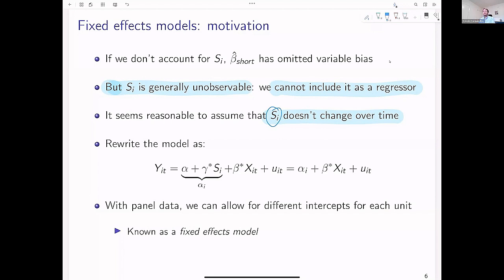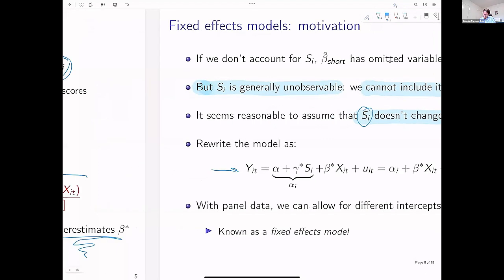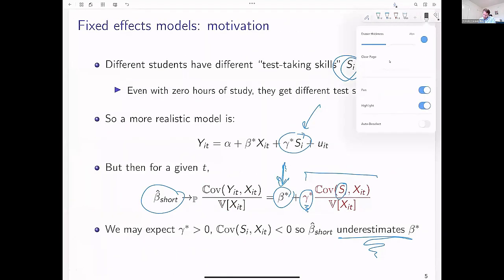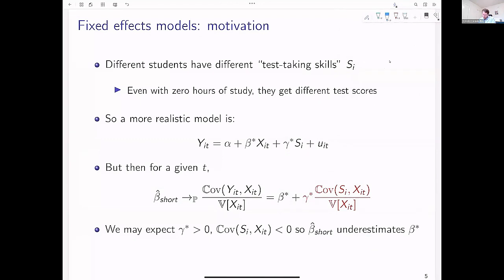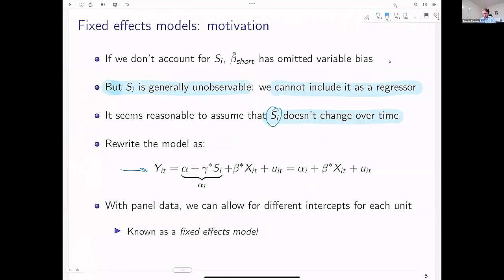Okay, if we're willing to make that assumption, then we can rewrite this model here by putting these two terms together. Which is what I'm doing here. I'm just collecting these two.